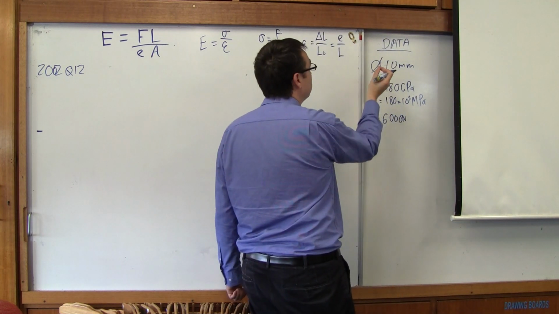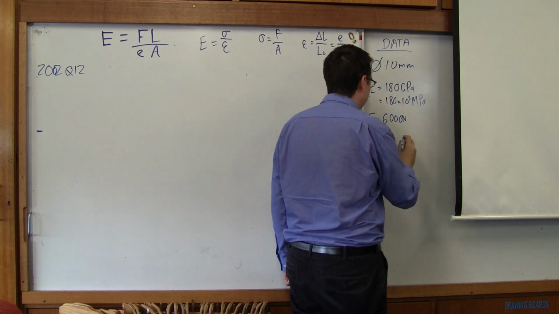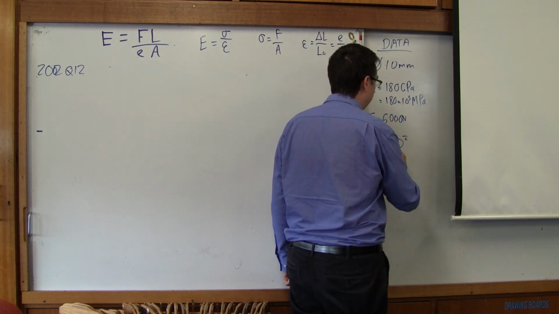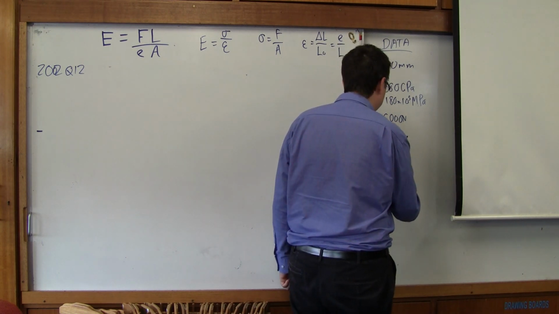Okay, so the thing is, there's no area given in this question, only a diameter. So what we need to do is find the area. So area equals pi d squared on 4. If you want to use something to do with radius, you can do that, but this is what I use.